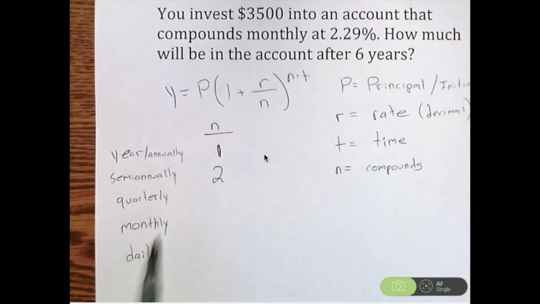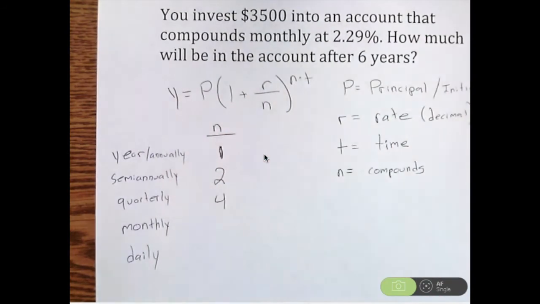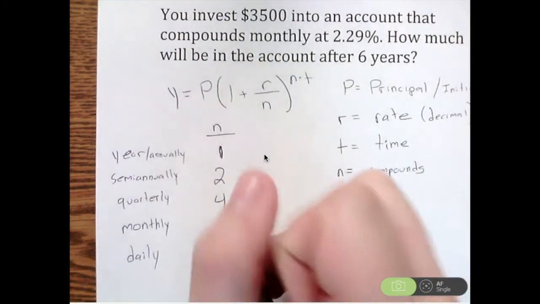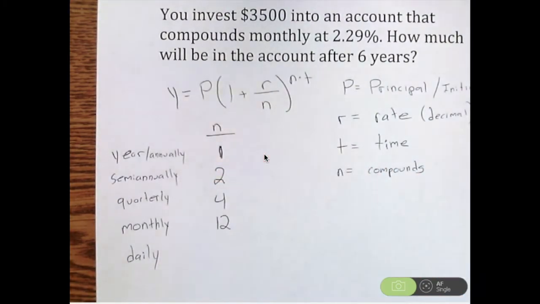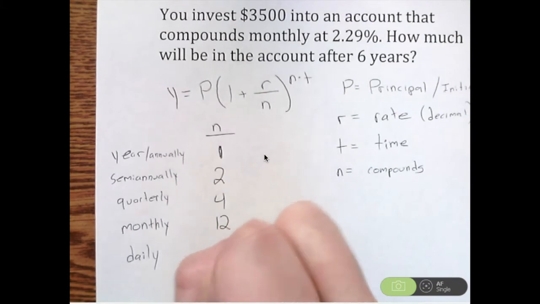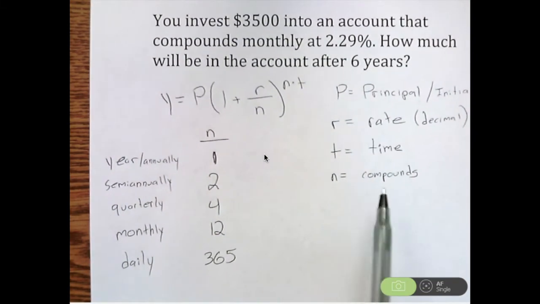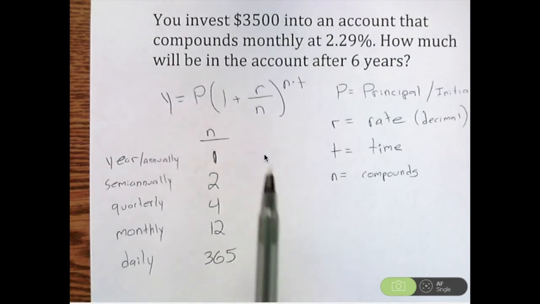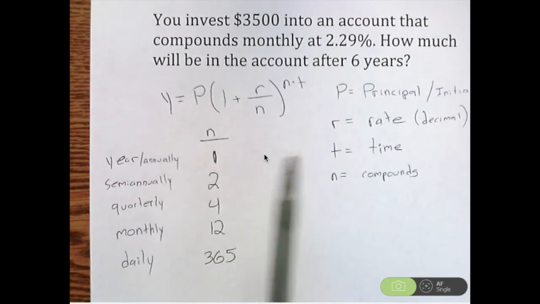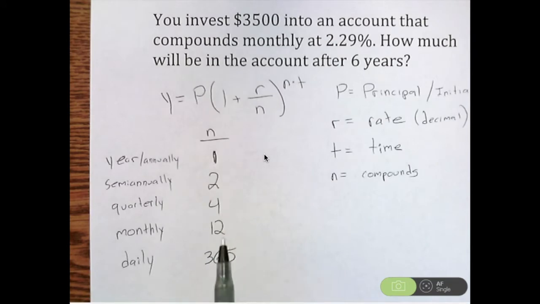How many quarters are in a game? Well, there's 4. Quarterly happens 4 times. And then monthly, well, how many months are in a year? There's 12. And then finally, daily, that is 365 times a year. So N just represents how often you are compounding this interest. How many times are you applying interest throughout a year? Once, twice, 4 times, 12 times, 365 times.